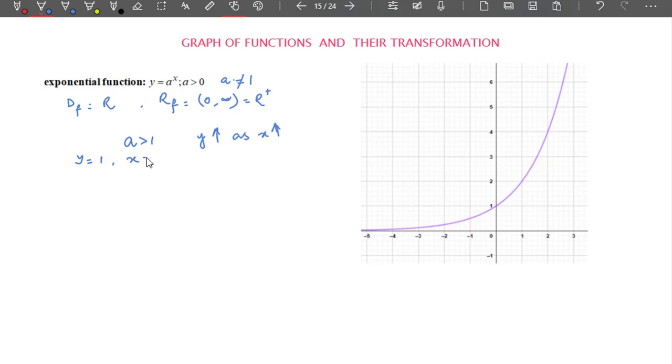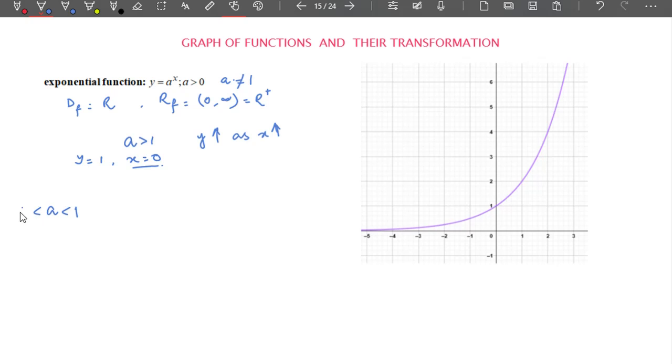These facts are very essential because this function helps you with the logarithmic function. Y is equal to 1 when x is equal to 0. And the second branch is when a is less than 1.